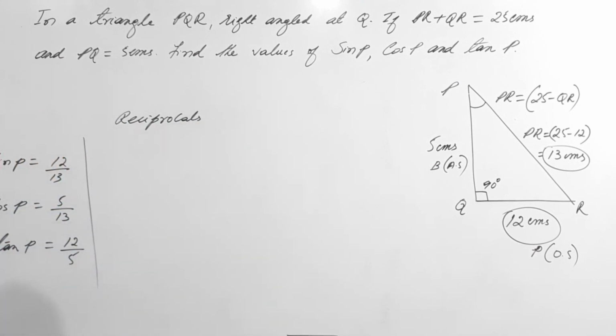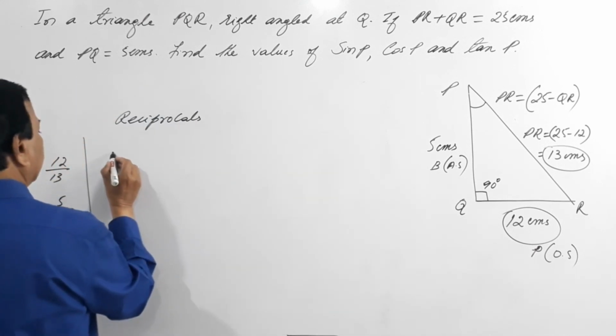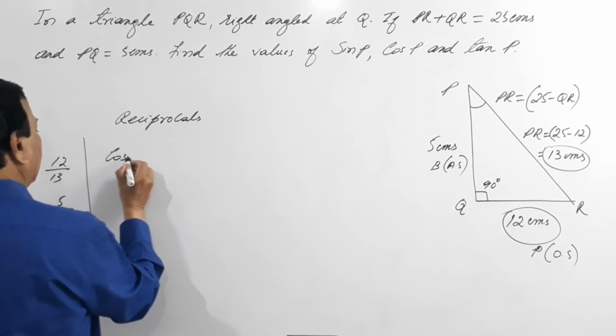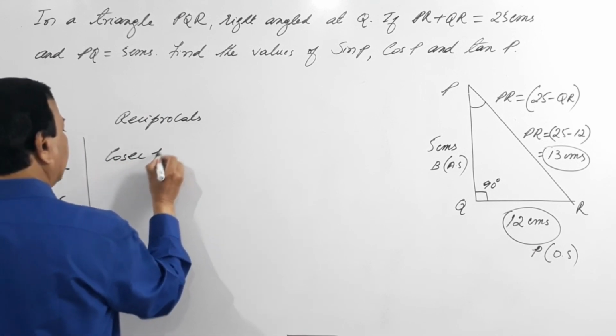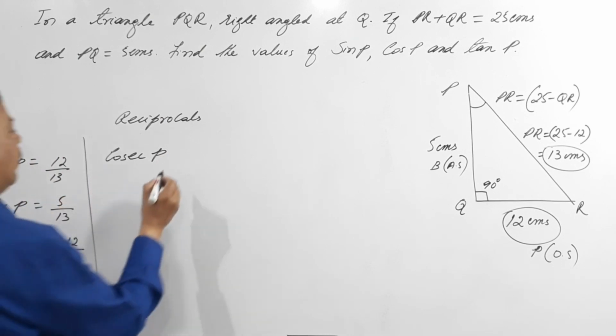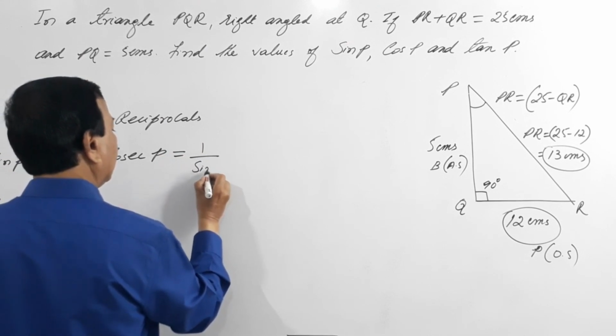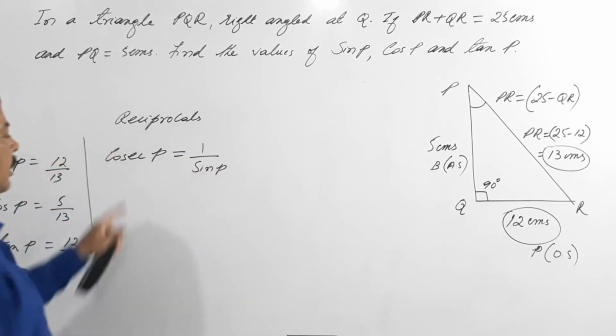Reciprocals means the reversal of sine P. The reciprocal of sine is cosecant P. So what happens to this? This is nothing but 1 by sine P. They are reciprocals.